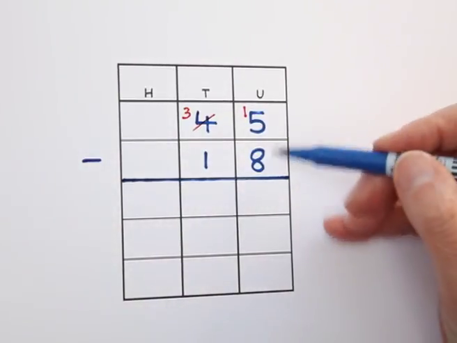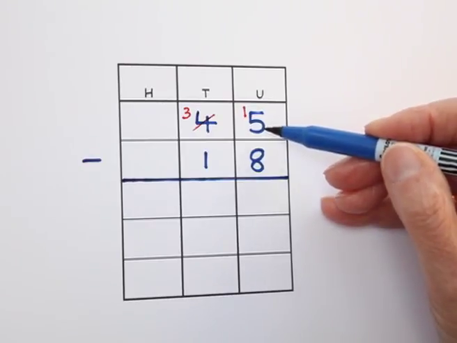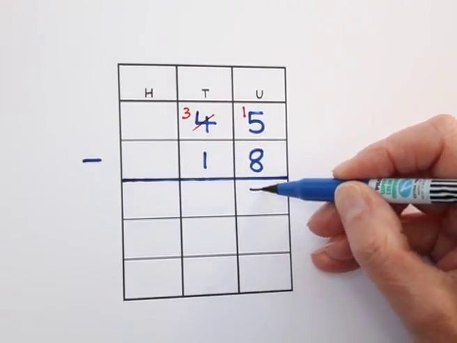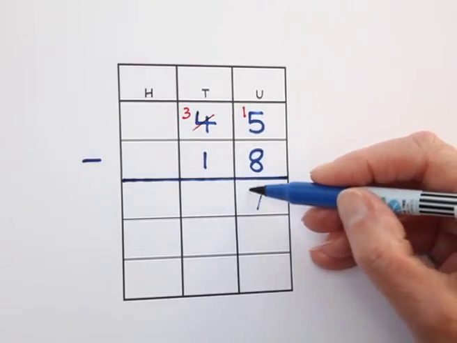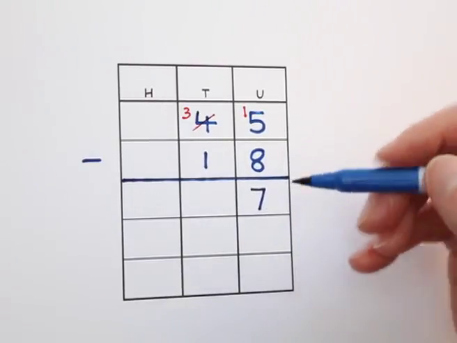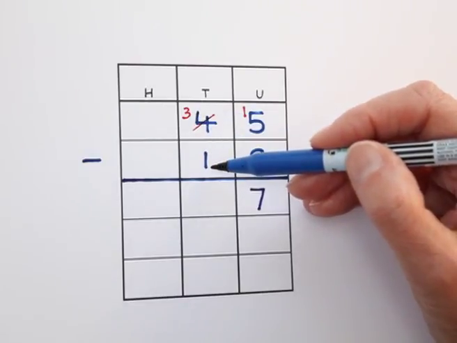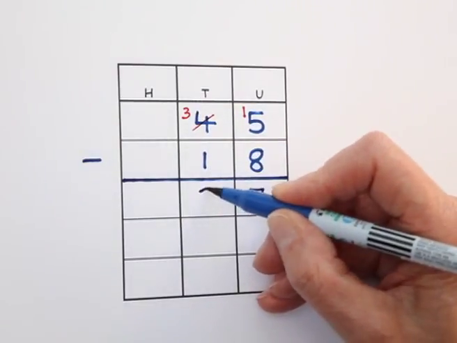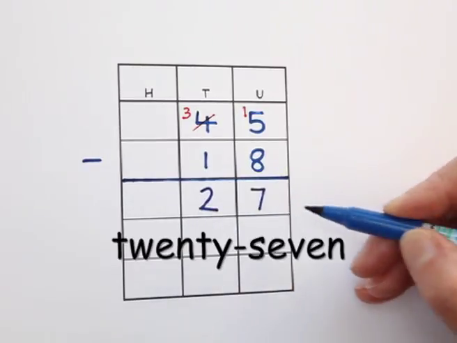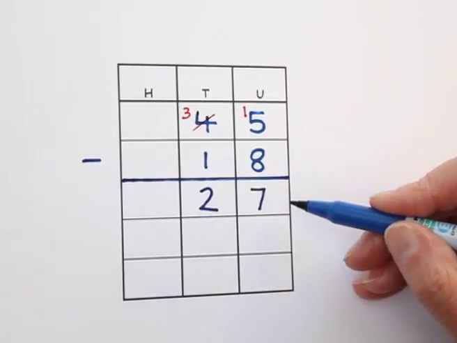You can now take 8 away from 15, which is 7. Then in the tens column, 3 take away 1 is 2. So that's the answer, 27.